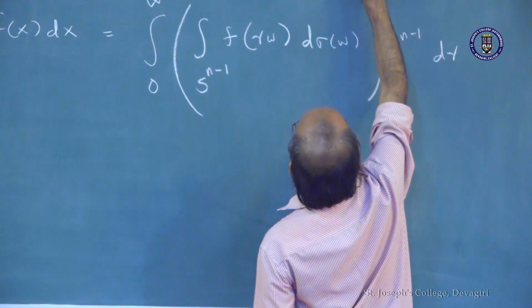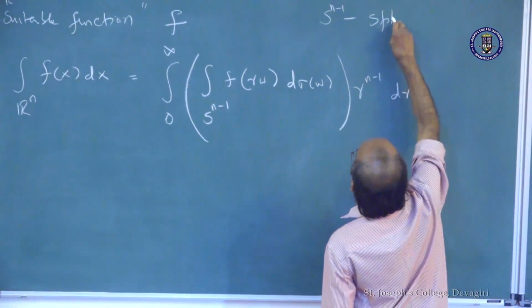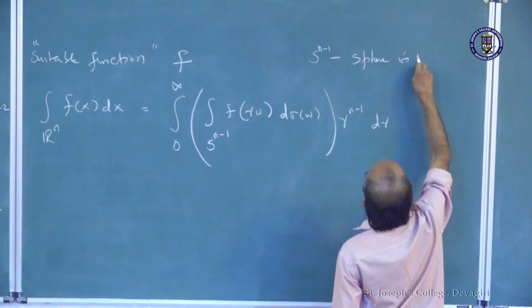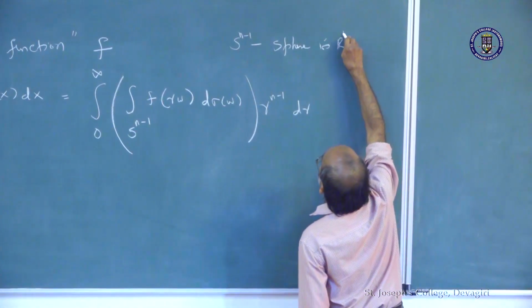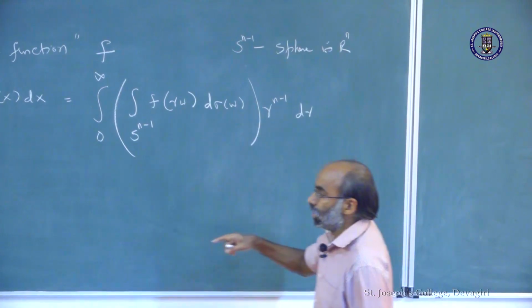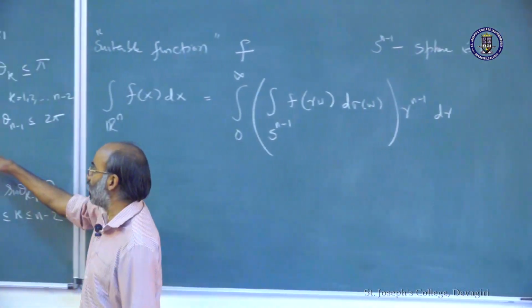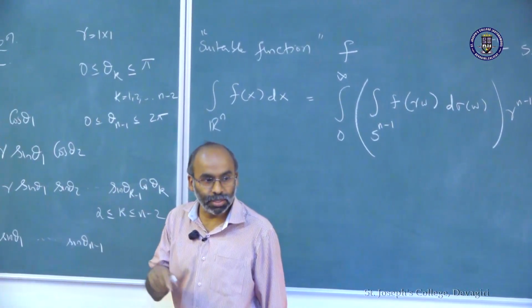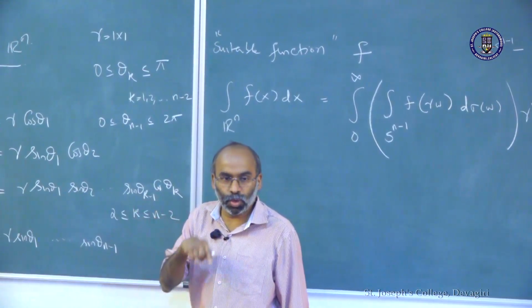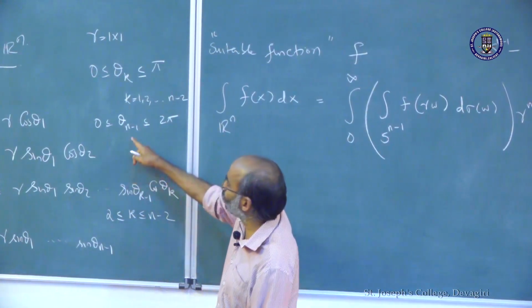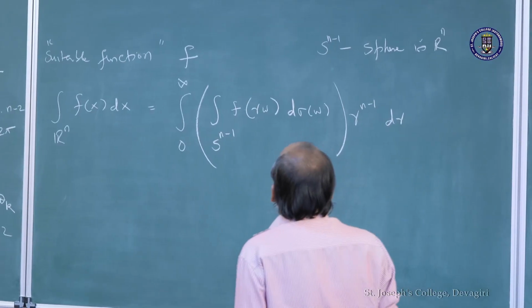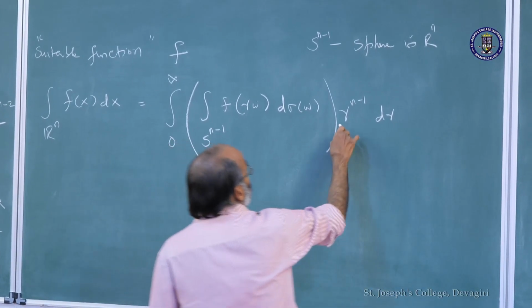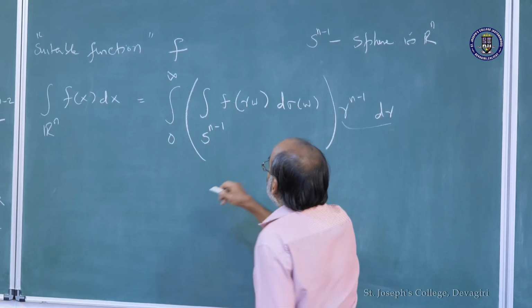This is the unit sphere in Rn, which is parameterized by all the theta 1, theta 2 up to theta n minus 1. In R2 you have just one theta, which goes from 0 to 2 pi. So r to the n minus 1 dr times all those things would be the Jacobian.